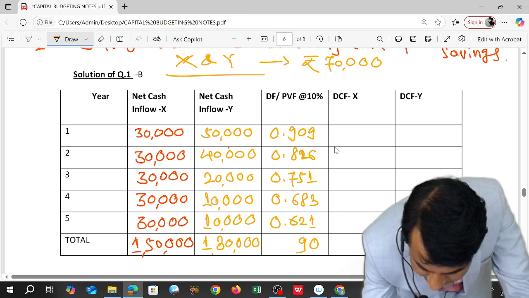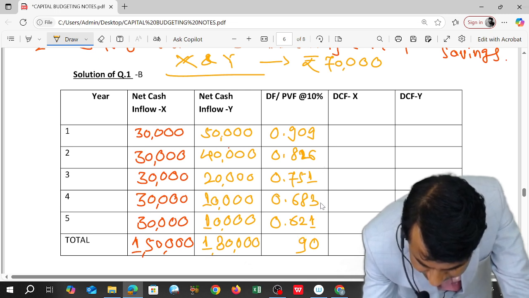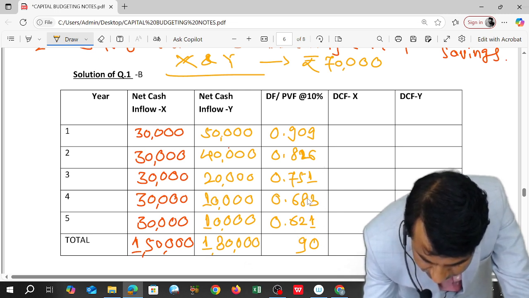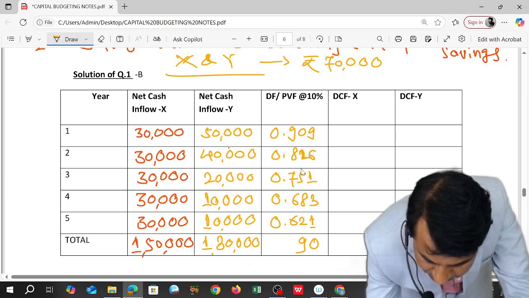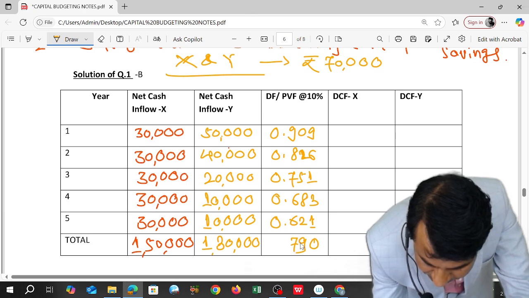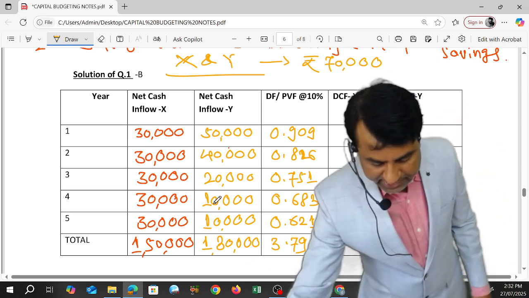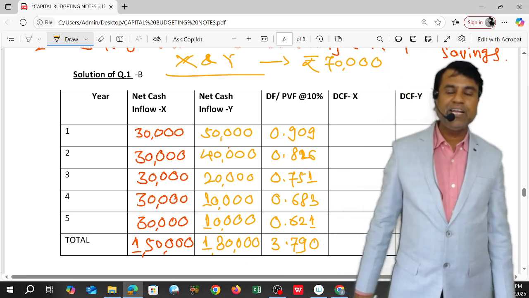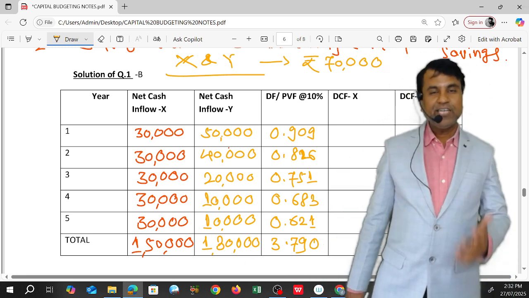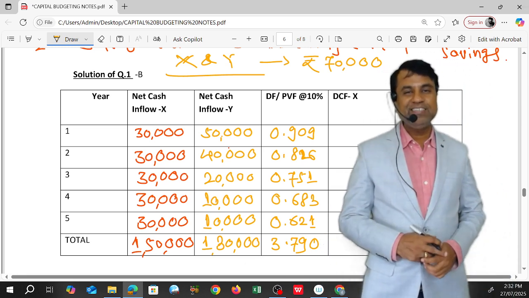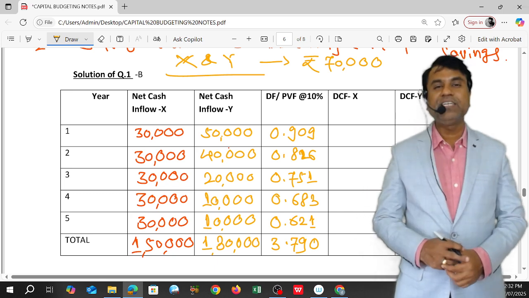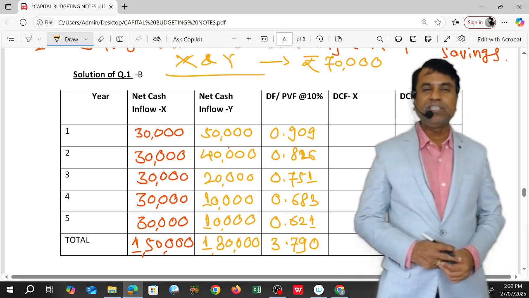Let me do it right again. So it is 7 and 3 is the carryover. So you can say that the annuity factor for 10% for 5 years is 3.790 or simply 3.79.